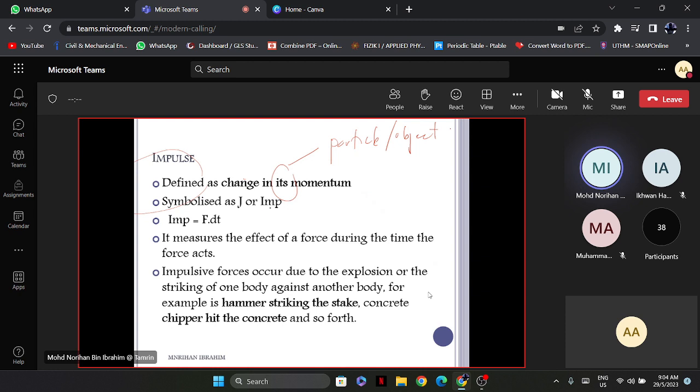It can be symbolized as J or IMP. So we can use the equation J is equal to F times dt, or IMP is equal to F times dt. Both of these are the common symbols of impulse.